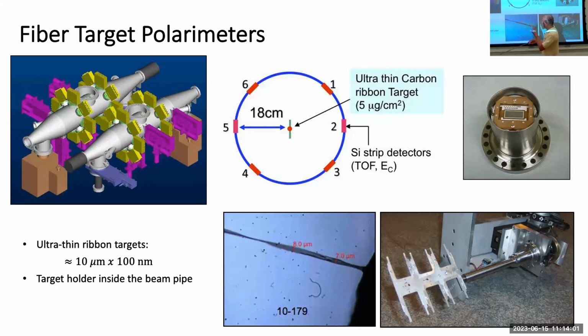So what you do is you evaporate carbon on some sacrificial layer until you have the required thickness, and then you etch away that sacrificial layer. What you ideally would like to have is that the beam hits the target, and this is the most that the recoil particle would travel through the target to get out in the direction of the detector.